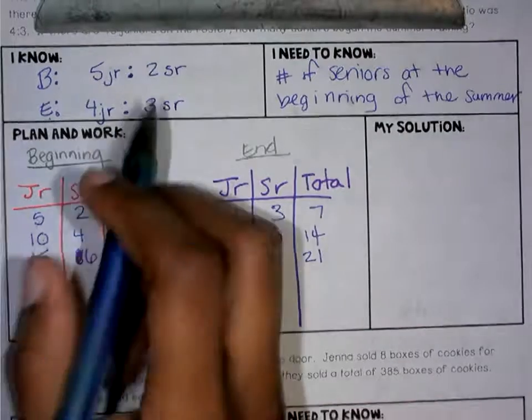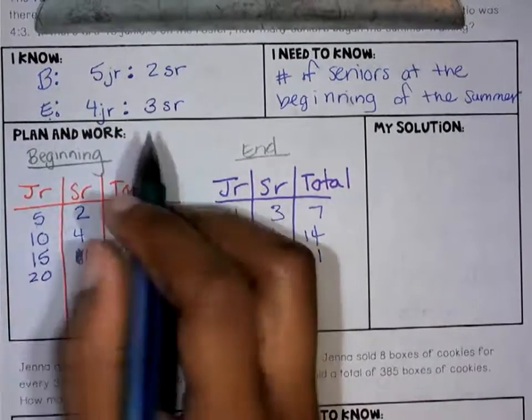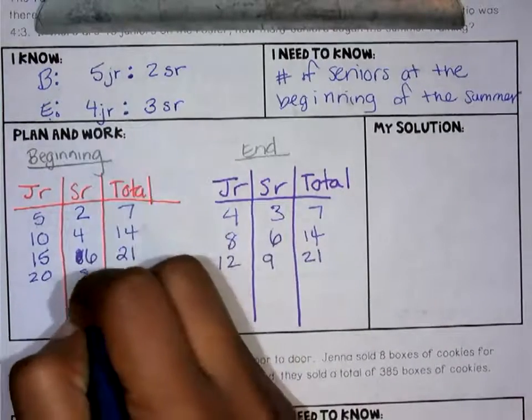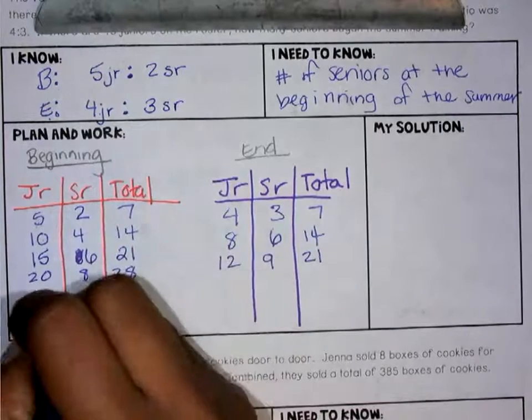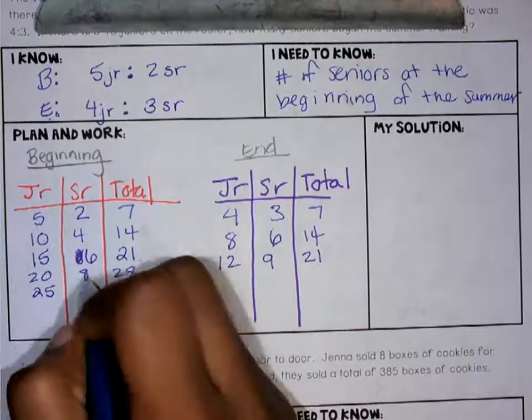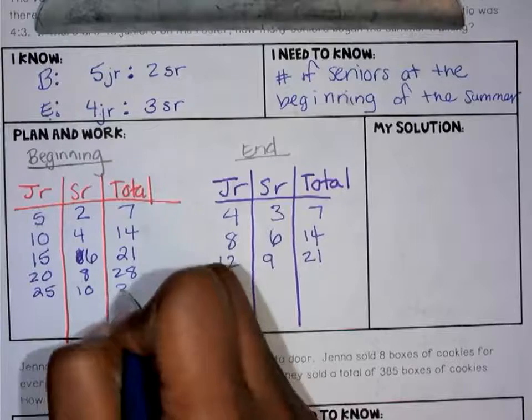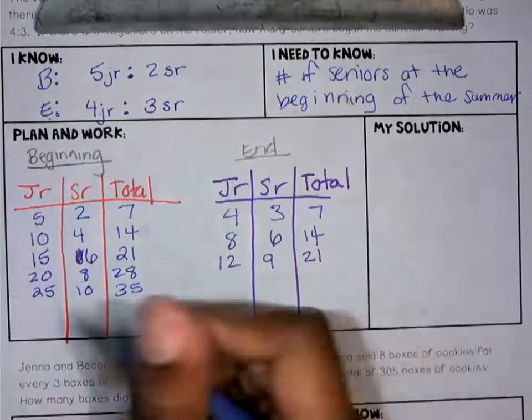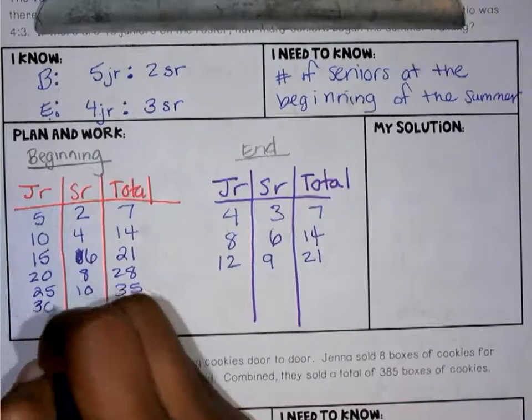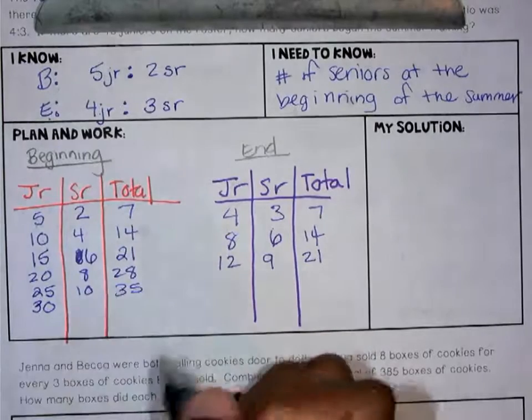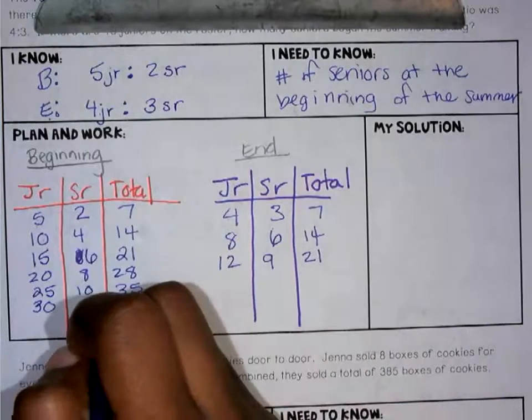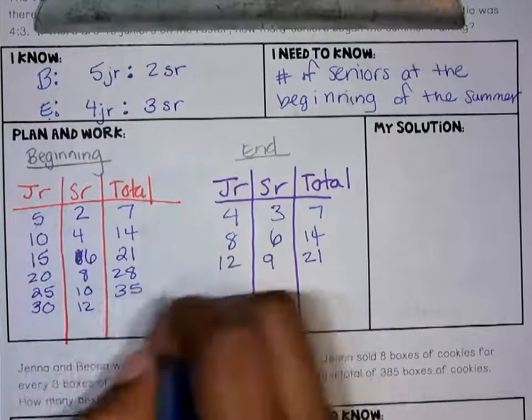Alright, starting on this side, I'm adding another 5. You should have got 20 right here. Add another 2, you have 28. Add another 5, another 2, 35, 30, 12, and this is 42.